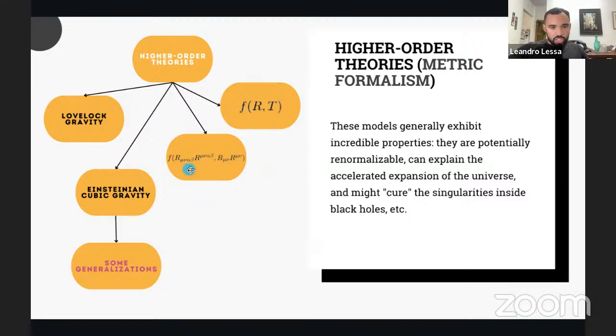You can construct them with the curvature tensor or the Ricci tensor. That's possible as well. But here is the main higher order theory that we will talk about today. It's called Einstein-Cubic gravity. I will show some properties of that, and then we will generalize the theory.